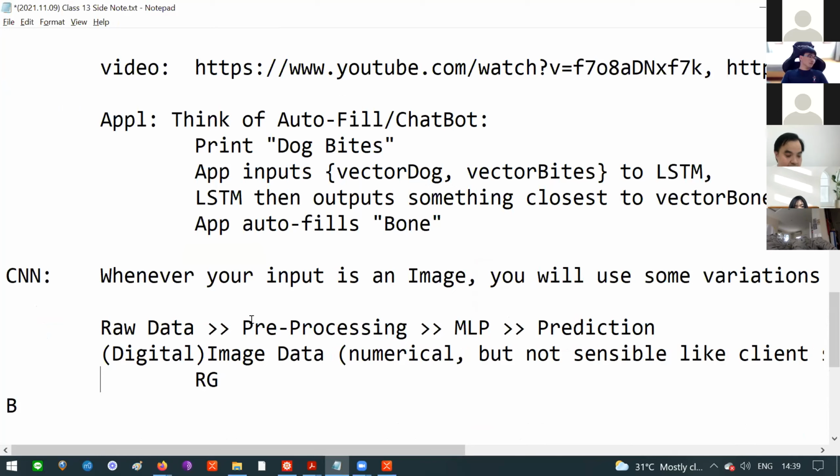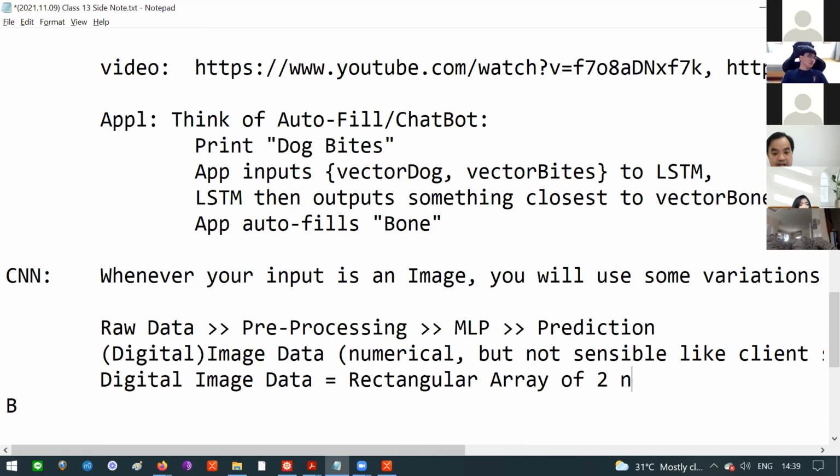Digital image data is a rectangular array of 3 numbers, RGB. That's it. So it is numbers.